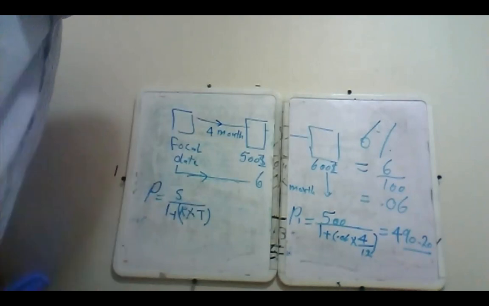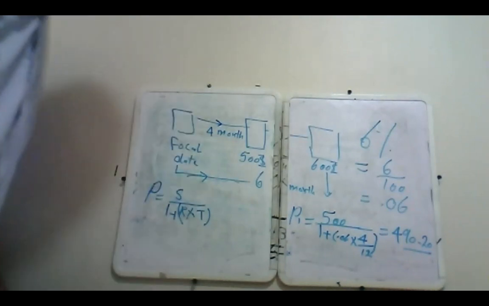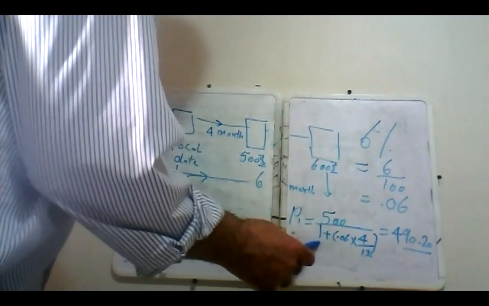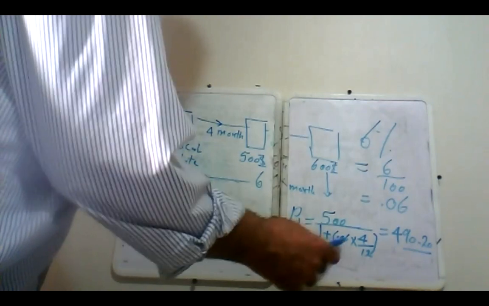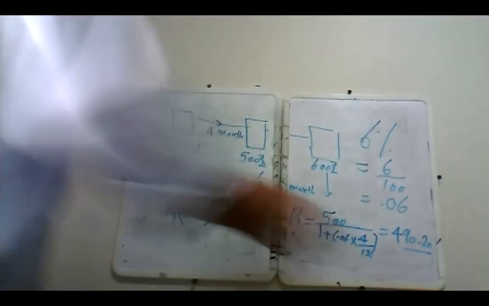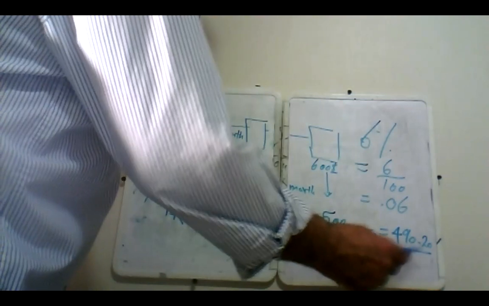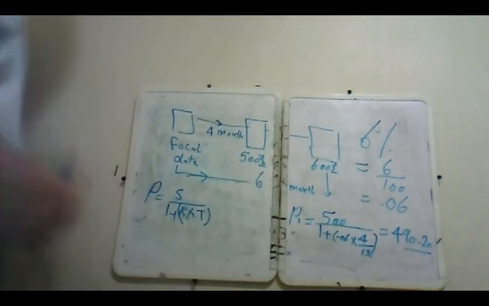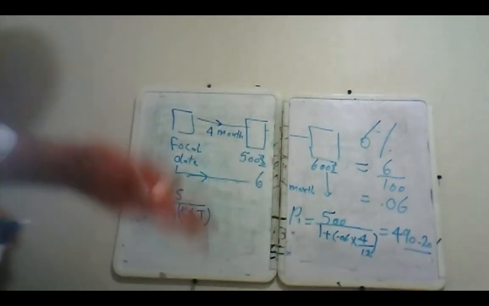Do I have to pay 500 or less? You will pay less, because it will be the 500 divided by 1 plus the rate multiplied by the time. Time is 4 months here. So you have to pay now, at the focal date, the present value, $490.20 only.